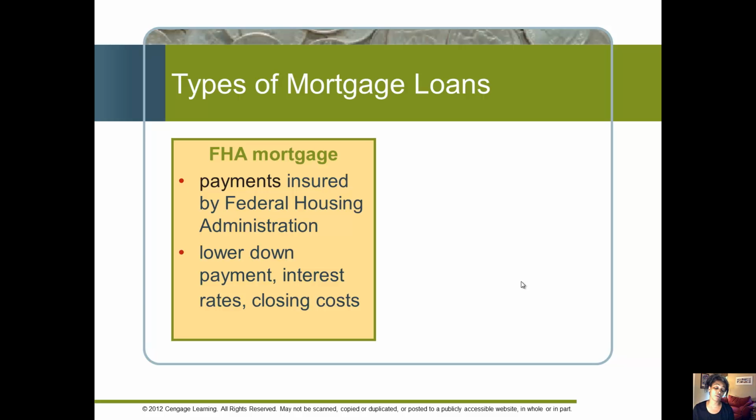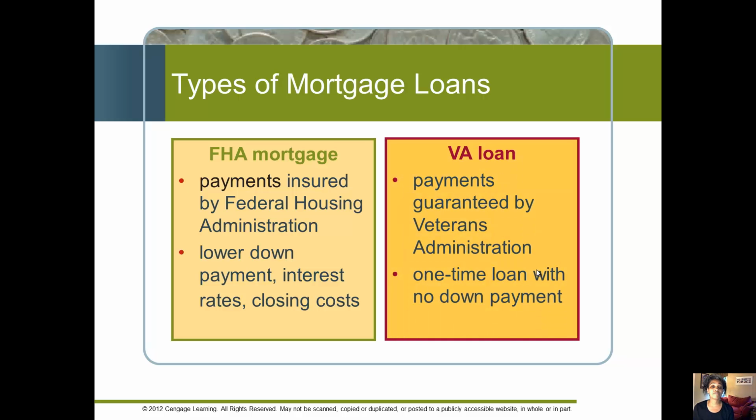An FHA mortgage would allow you to get your down payment in that 5% range, although you would still likely have to pay PMI. A VA loan is another common type of guaranteed loan for veterans that's guaranteed through the Veterans Administration, and you can only get it one time. I believe there could be exceptions, but for most folks, you can only get one VA loan in your lifetime, and there's no down payment.